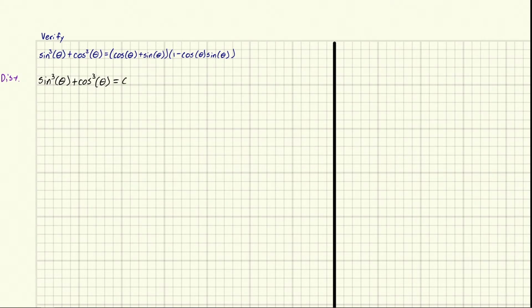And we're going to have cosine theta, because that's going to be times 1, minus cosine squared theta sine theta plus sine theta times, or in this case it's just going to be minus cosine theta sine squared theta.